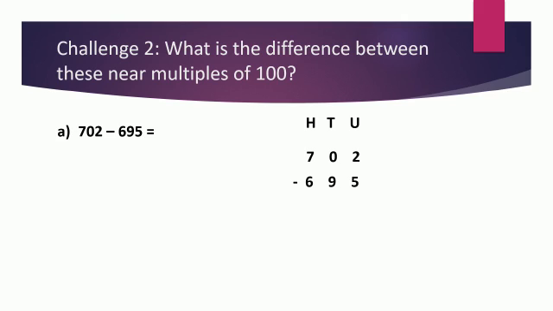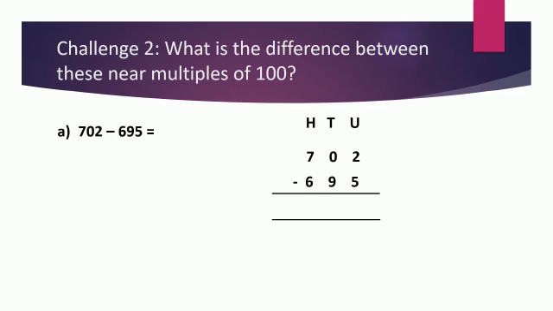As you can see, the place value of each number is written here. This is unit, tens and hundred. Place value of 2 and 5 is unit. The place value of 0 and 9 is tens. And the place value of 7 and 6 is hundred. You have to subtract 695 from 702. So you will write it vertically like this and you will put the sign of minus.